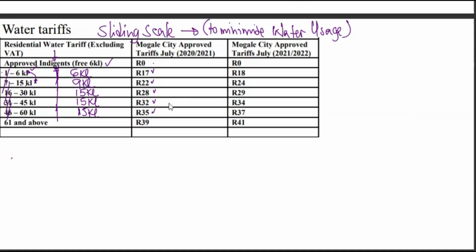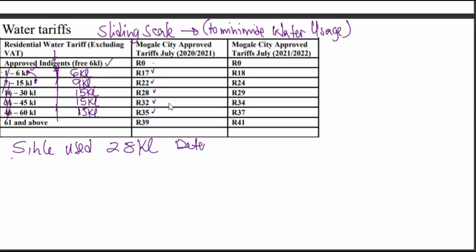Okay, let's have an example. Someone called Sithe used, let's say, 28 kiloliters.